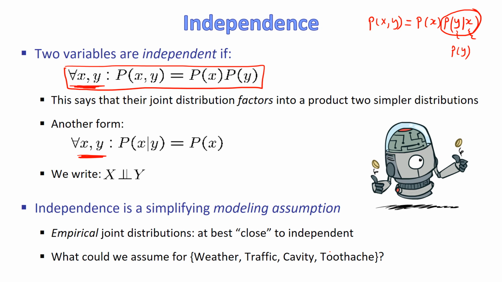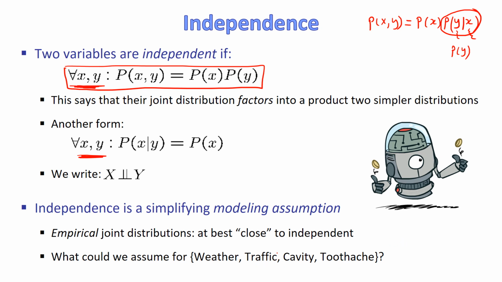Sure, but we can assume something, right? And it's logical to assume some independence here. Where are the independence relations? Which variables here are really independent? Weather and traffic, weather and okay.